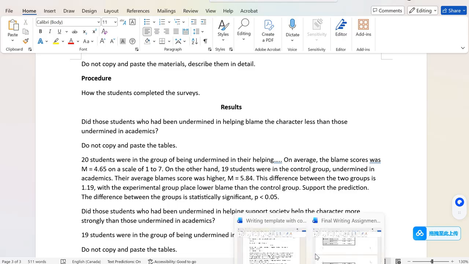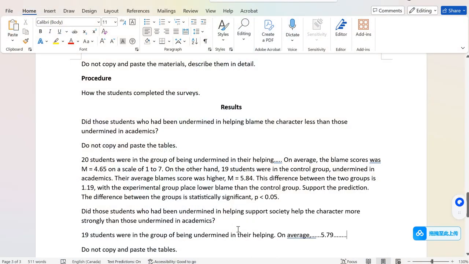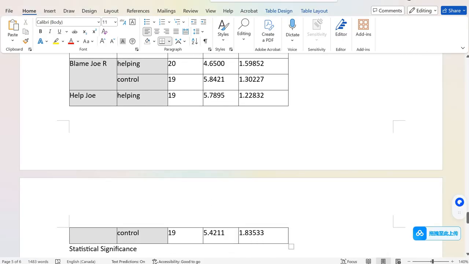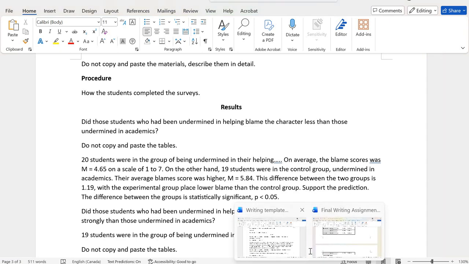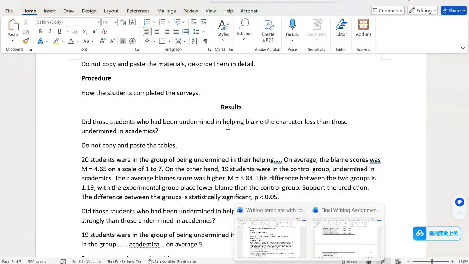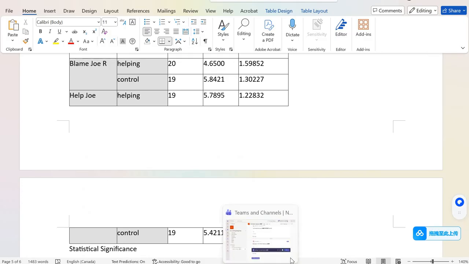Yeah, the other group was 5.42, also 19 students, undermining academics. On average 5.42.